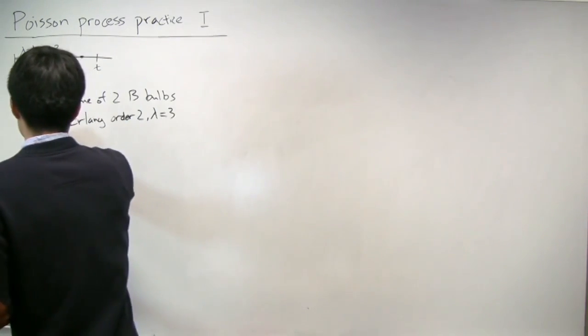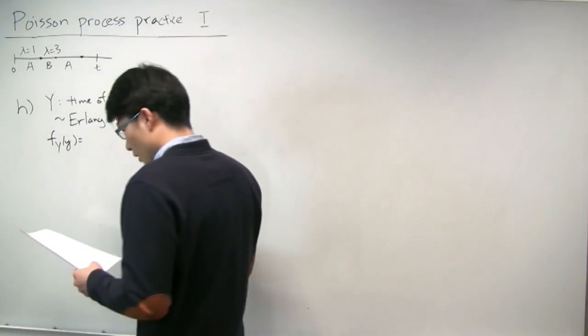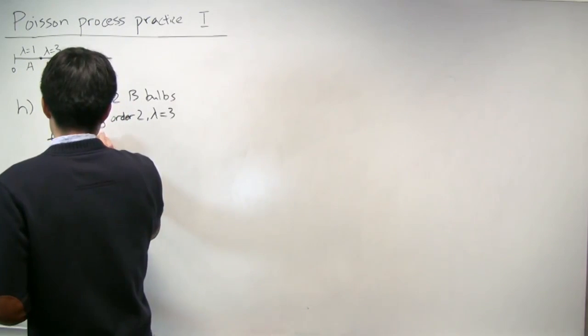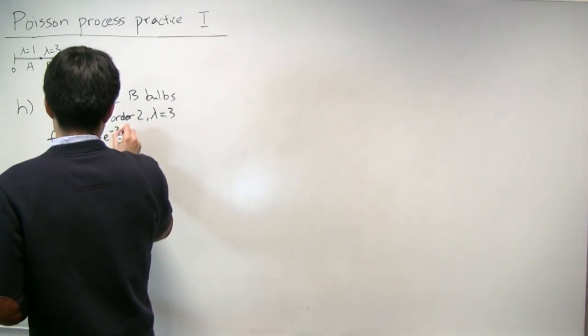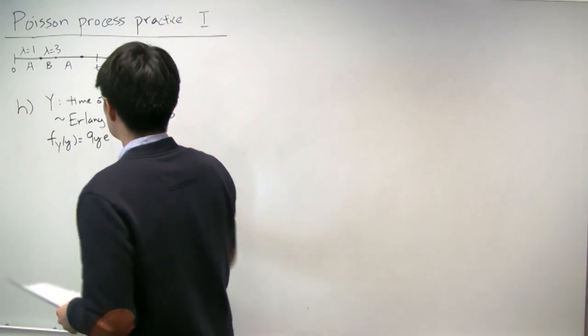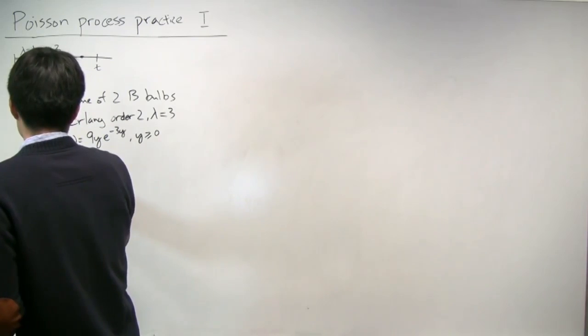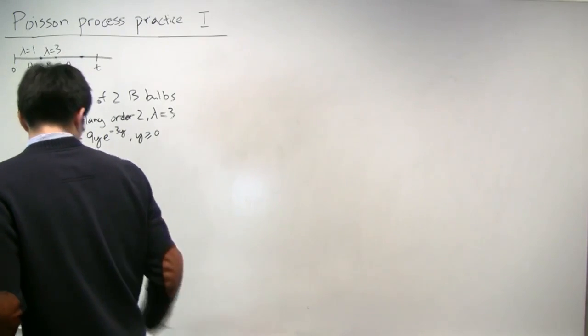And given that, we can write what the PDF of this Erlang is. So f_Y(y) is 9y e to the minus 3y for y greater than 0. And we can do the same thing for one type A bulb.